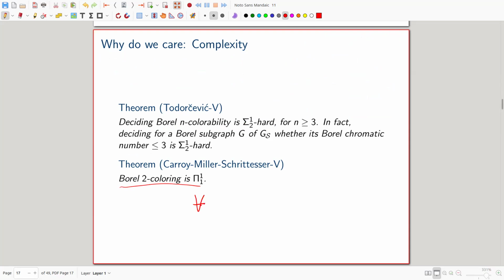So there is a distinction between n-coloring and 2-coloring, and this can be formalized and proved: these classes are different. I think it's a pretty interesting situation. So this is about descriptive combinatorics and complexity, and this suggests the CSP direction.